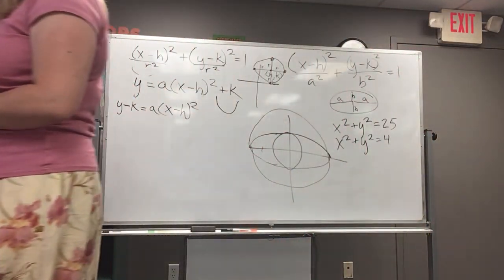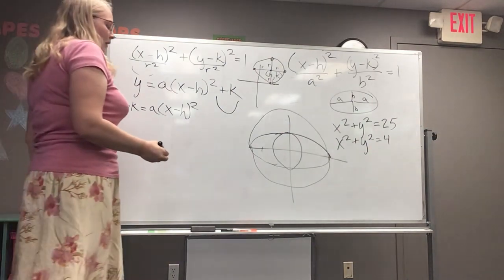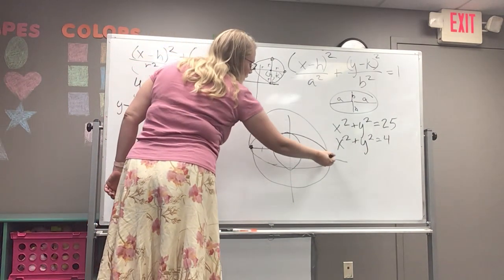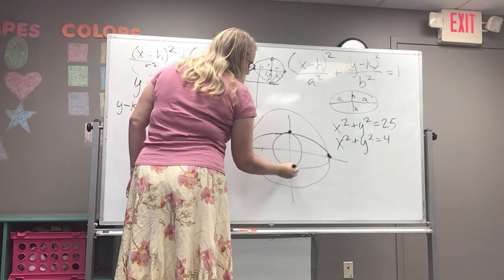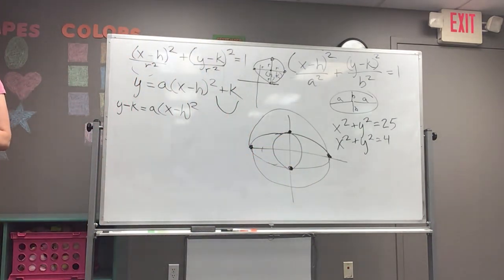And the question is, write the equation for the ellipse that is intersecting each of these circles at the respective 2 points. So what would the equation of the ellipse be?